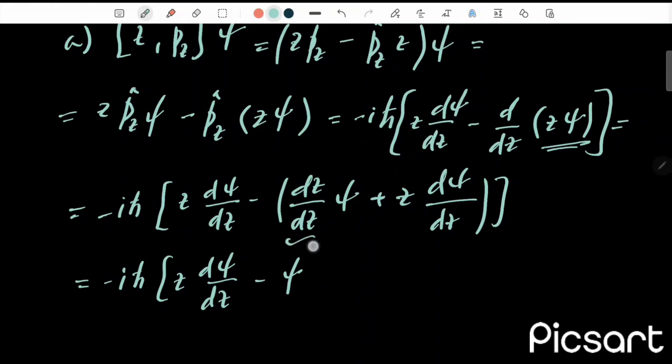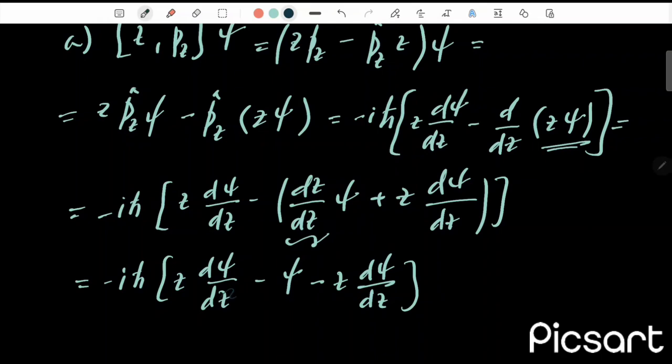Okay, this is 1 because we have d of z over d of z, and we have 1 times psi, which is psi, minus z d of psi over d of z.